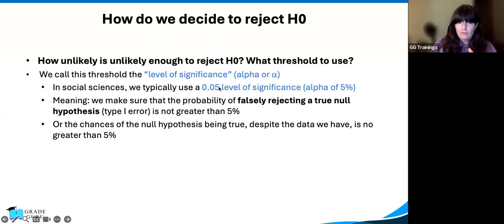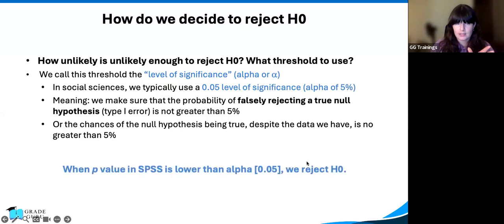By making our alpha 5%, what that means is that we're capping the probability of making a mistake at 5%. So basically that guarantees 95% accuracy. We're going to come back to the alpha as well in a second.